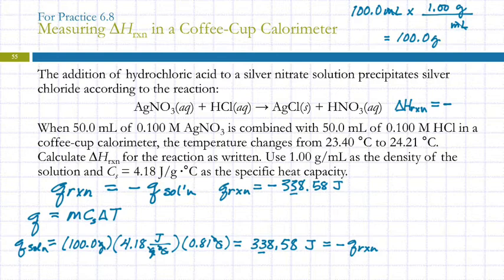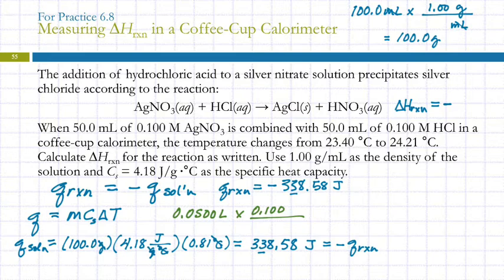So 50 milliliters, let's convert that to liters, times, and this is where I'm still seeing weird things when you do your labs, 0.100. That capital M is not useful in this equation that I'm writing. Because how does capital M do anything with L, right?